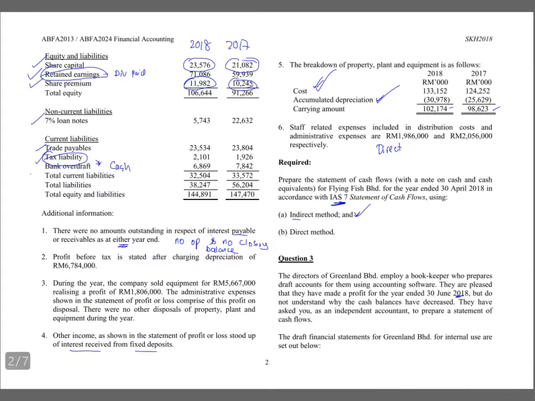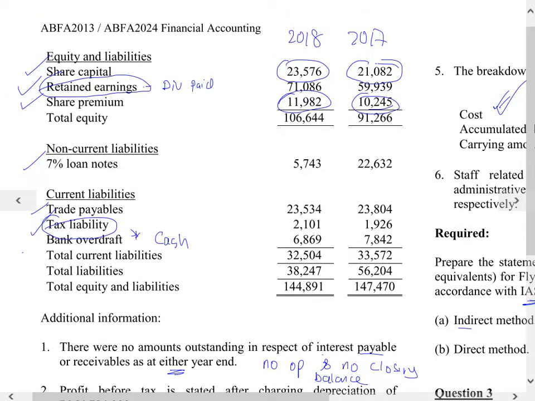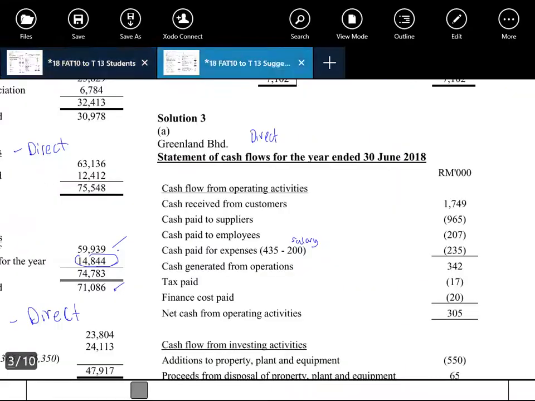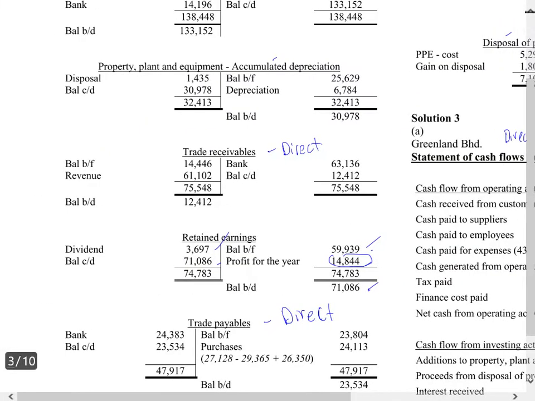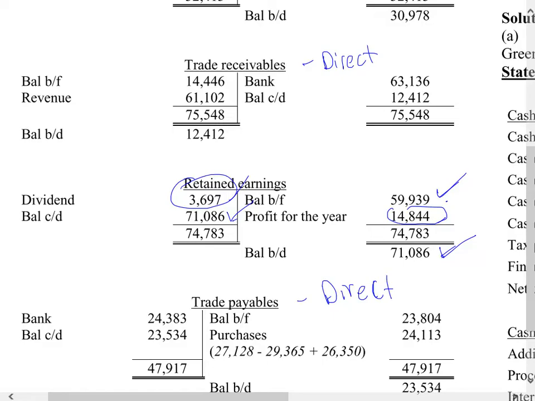Let's check question 2 last week. Retained earning is used to calculate dividend paid. We have opening, we have closing. You see the working for last week. We have opening, we have closing retained earning, and we put in profit for the year. What we find is dividend.